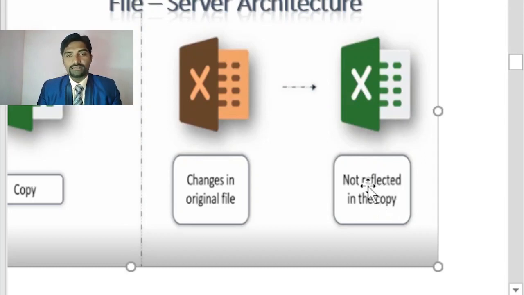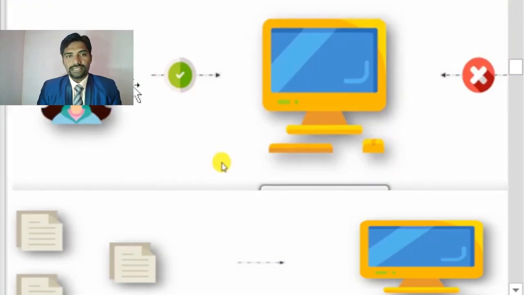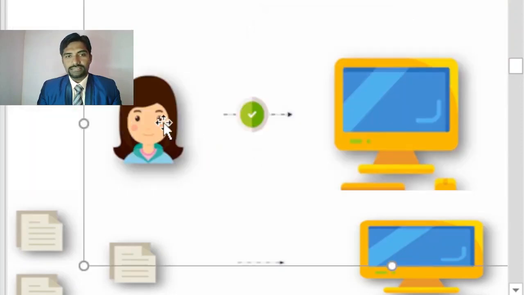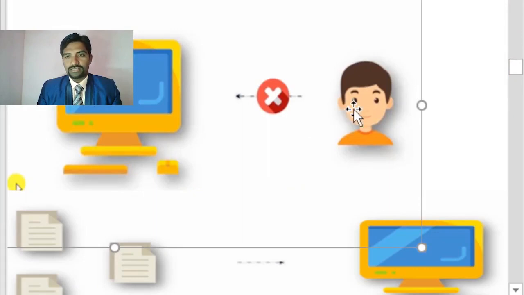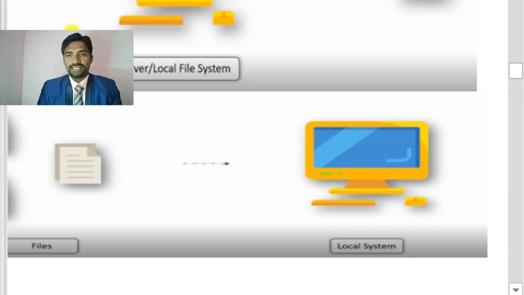So this is the major demerit of the file system. Our local system is acting as a local server. Only one person can access the data. At the same time, if another person tries to access the same data, it won't be allowed. So our system only acts as a local server. These are the file server demerits.